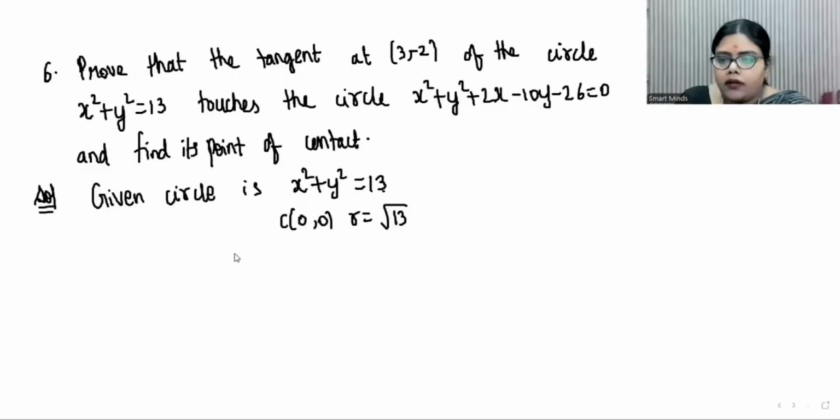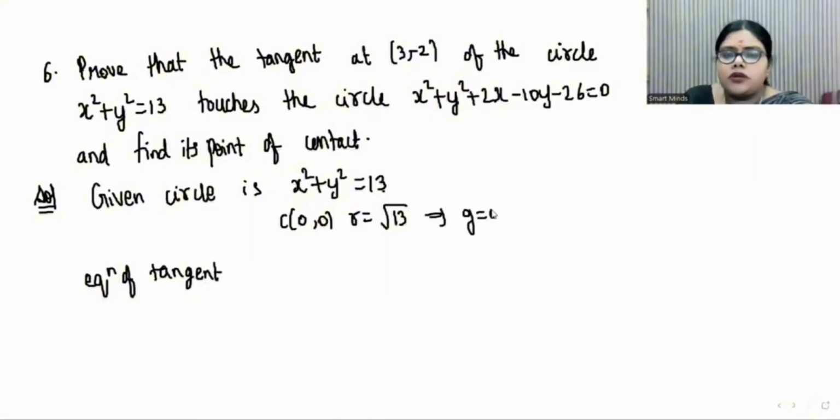Okay, now let us find out the equation of tangent. Or here we can take g, f, c values also. g is 0, f is 0, and c is minus 13. So the equation of tangent is S1 is equal to 0.